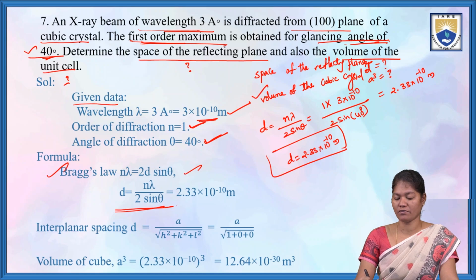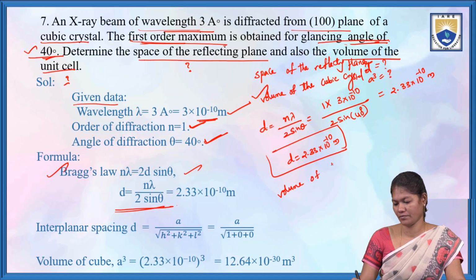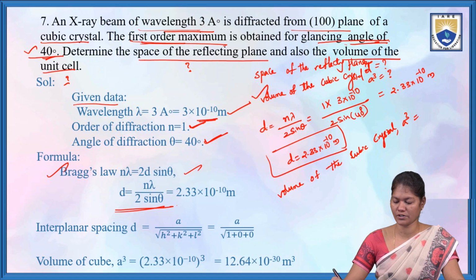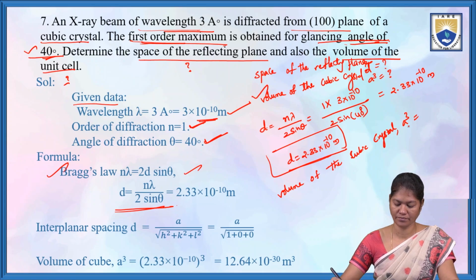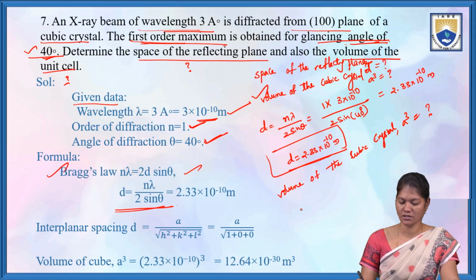We need to calculate the volume also. The volume of the cubic crystal is a cube, so we need to find a cube. How are we getting that?